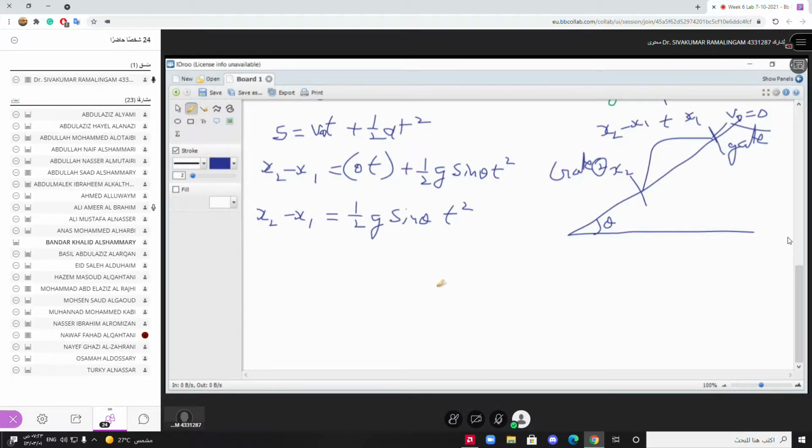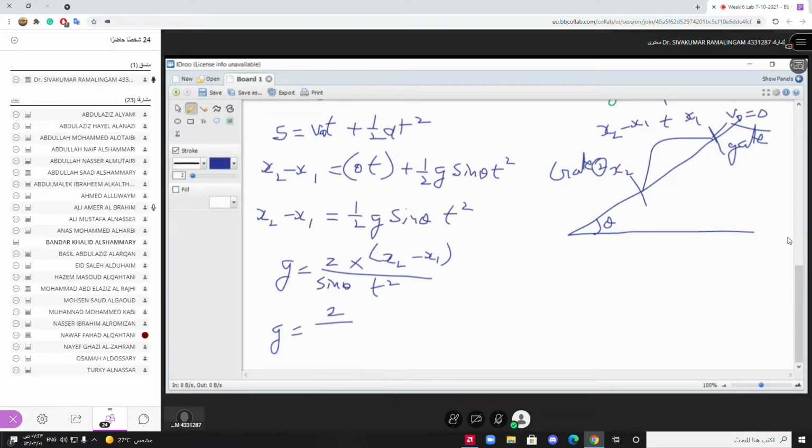I want to find the acceleration due to gravity from this. g equal to 2 into x2 minus x1, whole divided by sin theta into t square. And this is the formula I'm going to use to calculate the acceleration due to gravity in today's experiment.